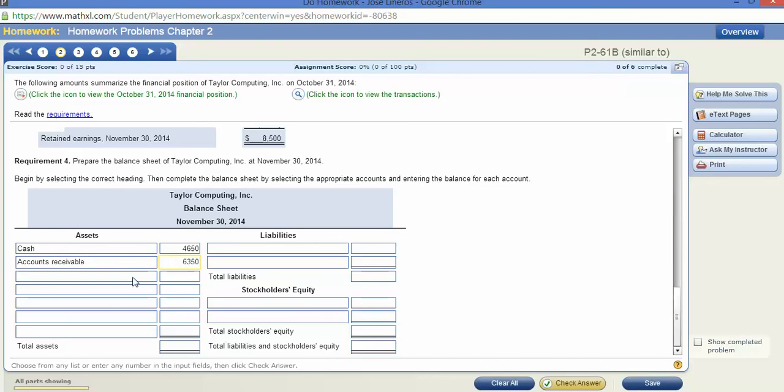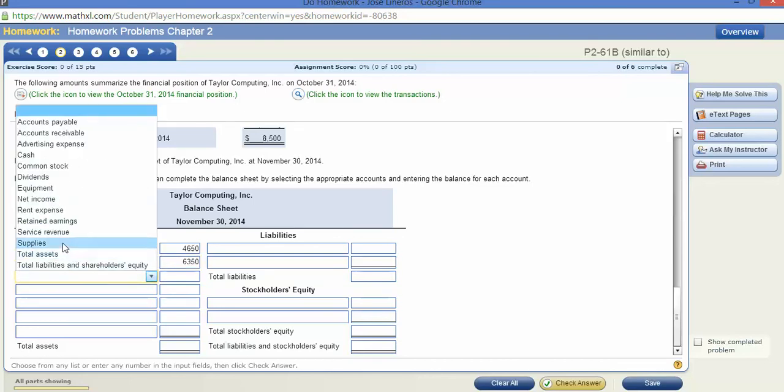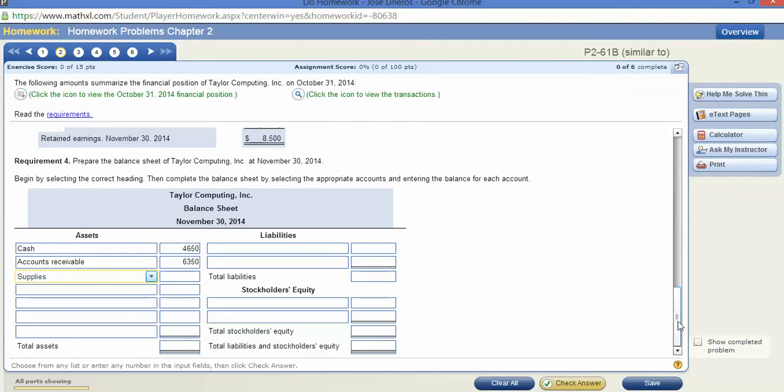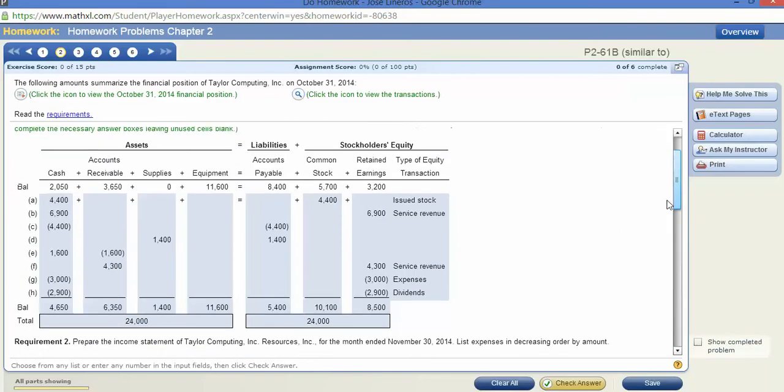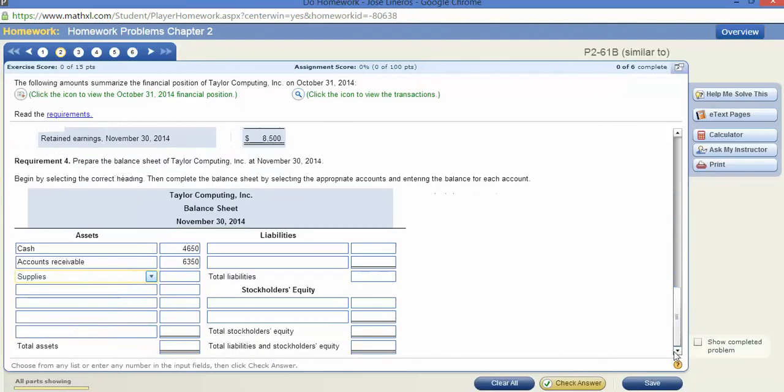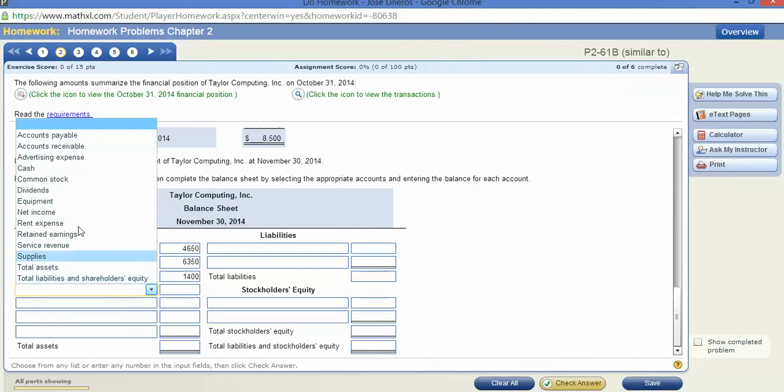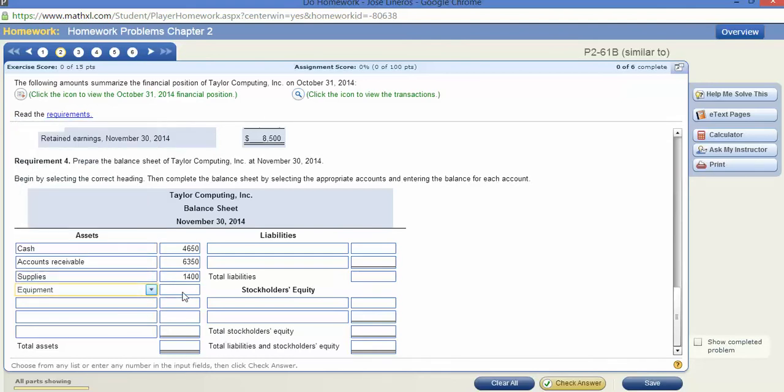Then after accounts receivable, we have supplies. Come up here to the top. See our supplies account is $1,400. And last but not least is the equipment account. That's usually one of the bigger amounts because it tends to have capital goods that are very expensive to purchase.